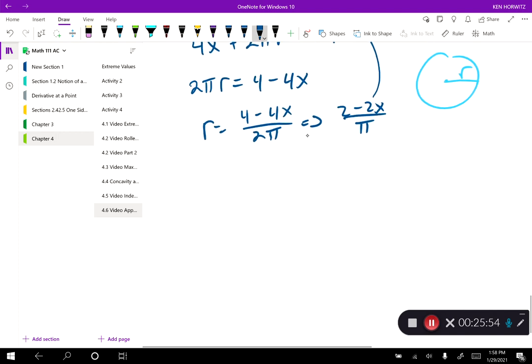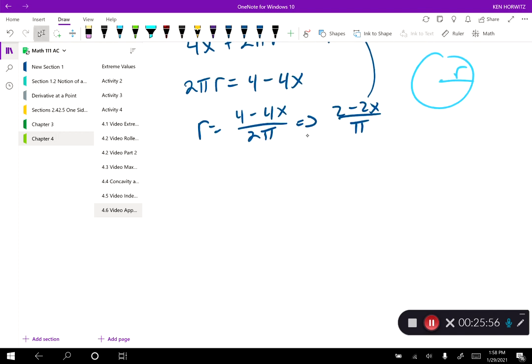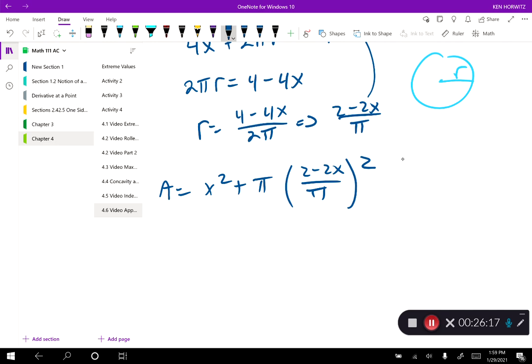You can solve for what you want, but I like having the more prominent variable, which seems to me to be x. So I've got area equals x squared plus pi times ((2 minus 2x) over pi) squared. All right, so why don't you pause the video here? Let's take a minute to simplify, and we'll talk about where we're at on the back end.